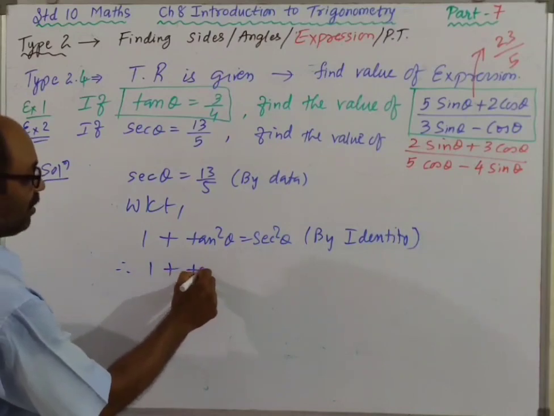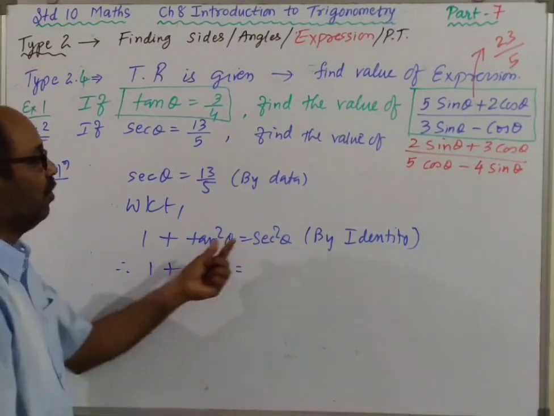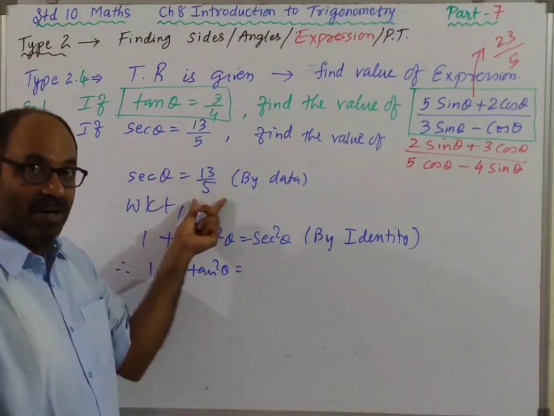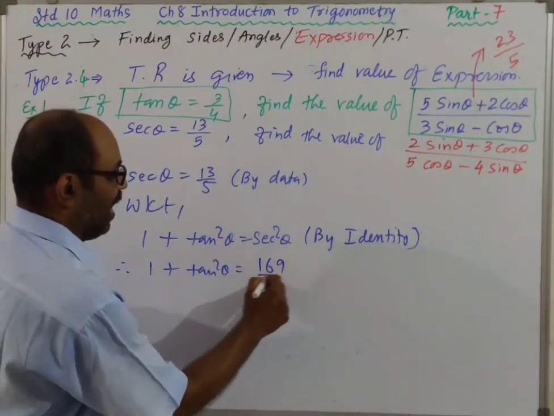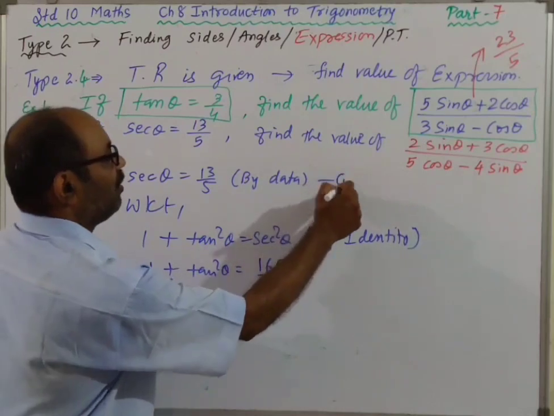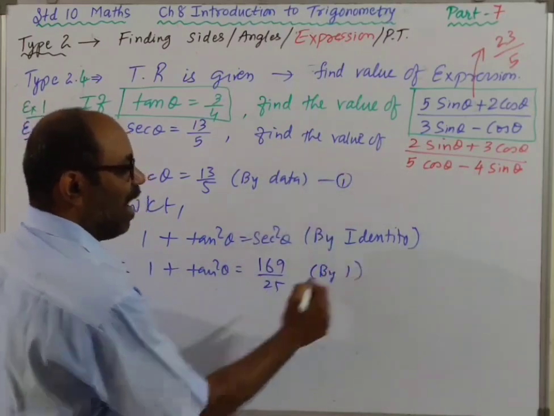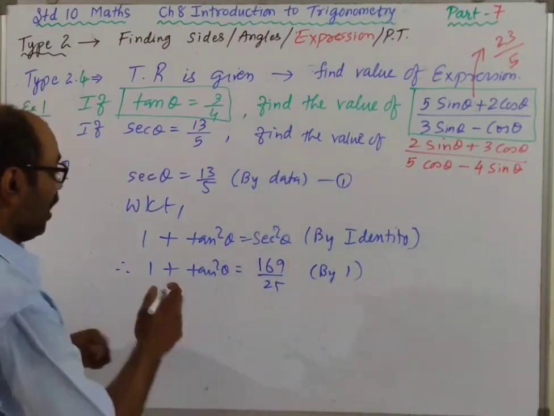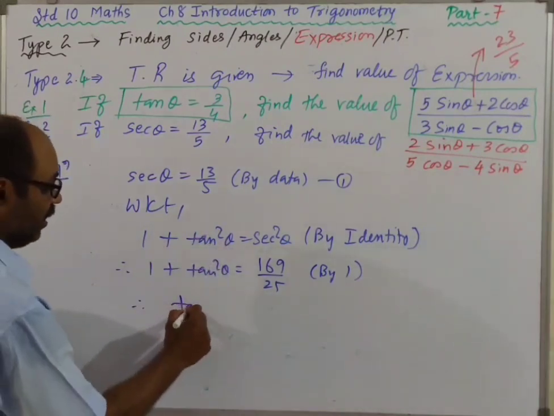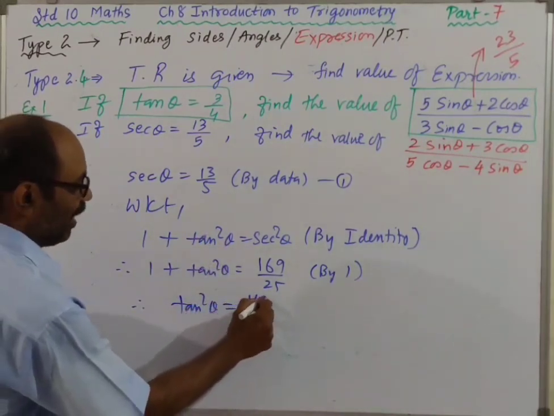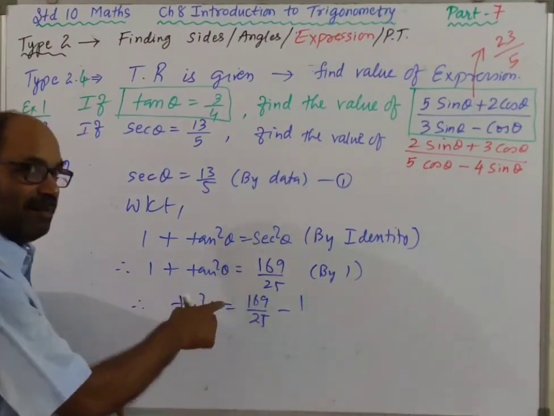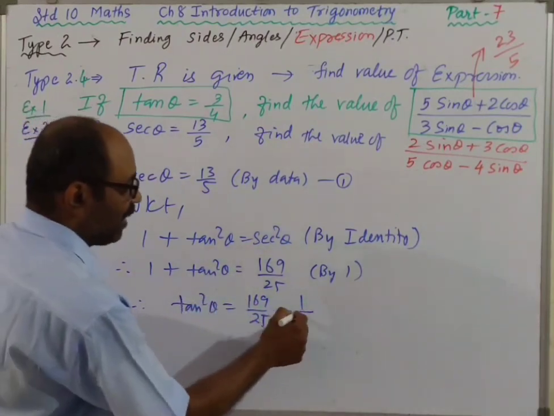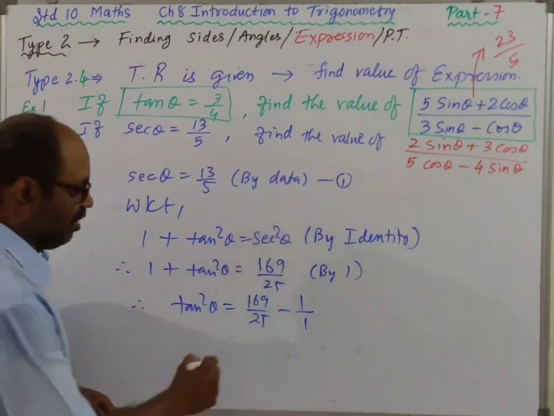Therefore, 1 plus tan square theta is equal to, sec theta is 13 upon 5, so square of that will be 169 upon 25. You can call this 1 by 1. Alright? Take 1 on the other side. Tan square theta is equal to 169 upon 25 minus 1. First term is in fractional form, so let's represent the second term also in fractional form.